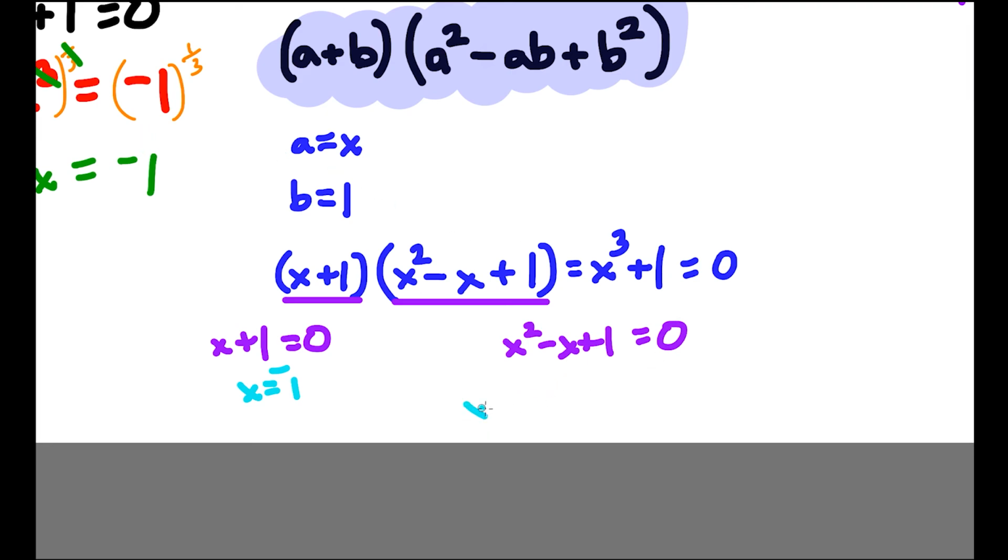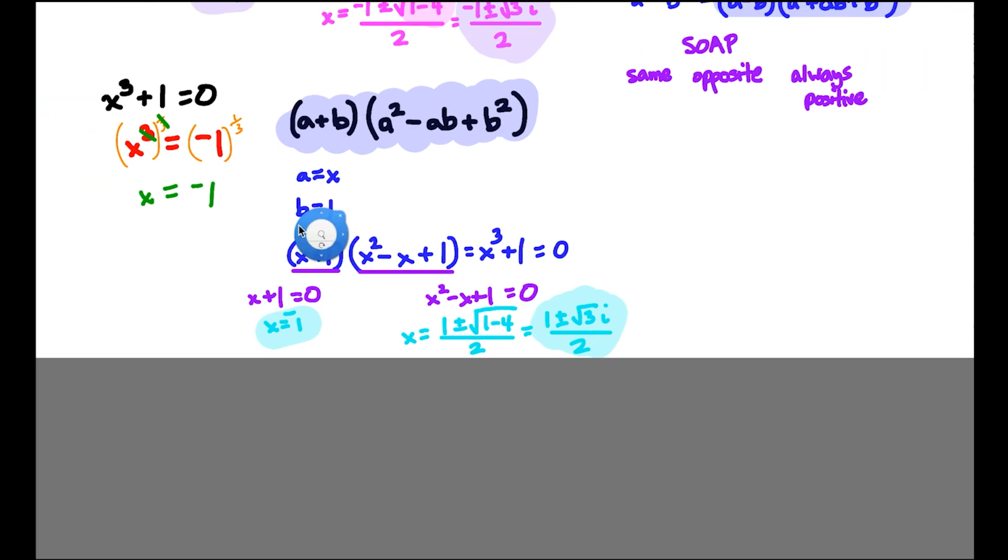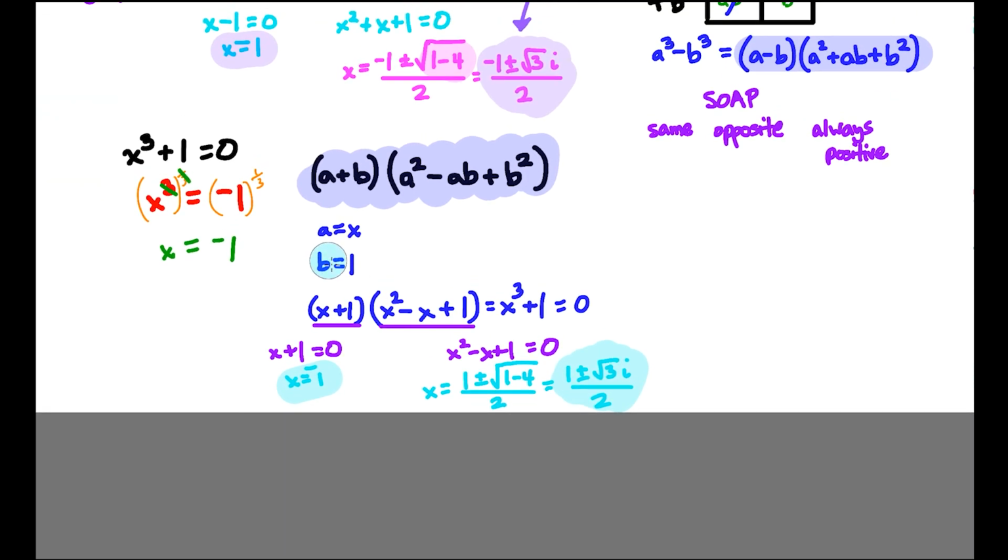This one we're going to need the quadratic formula for, so it's negative b, which is just going to be positive 1, plus or minus the square root of 1 minus 4ac, all divided by 2a, which is just 2 times 1. And this is going to be equal to 1 plus or minus the square root of 3 times i, all divided by 2. So now if you notice, we end up having this negative 1 solution and these 2 solutions, which means we do have the 3 full solutions, and it works out for the answer.